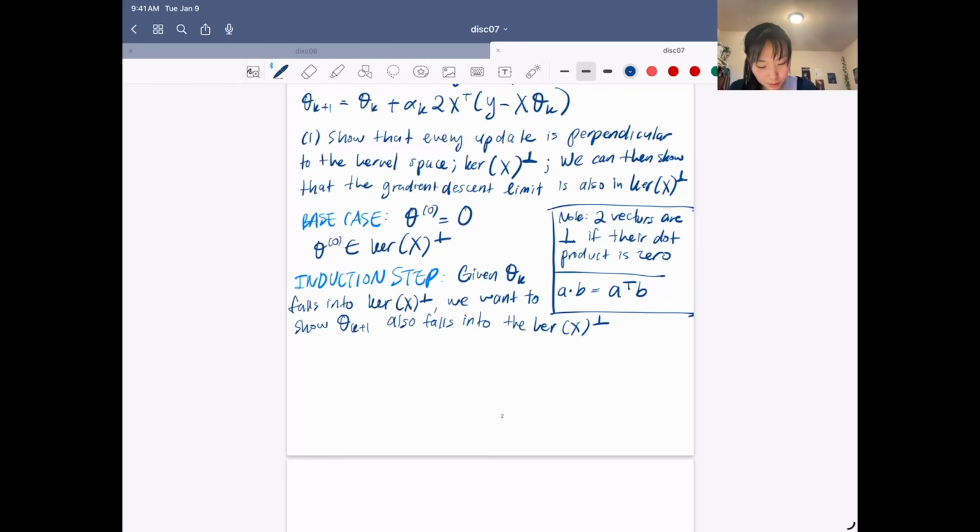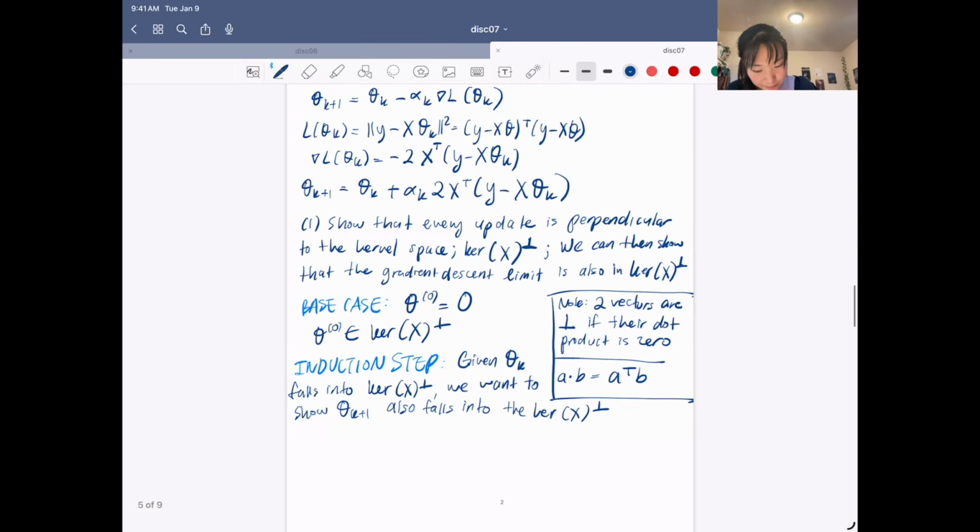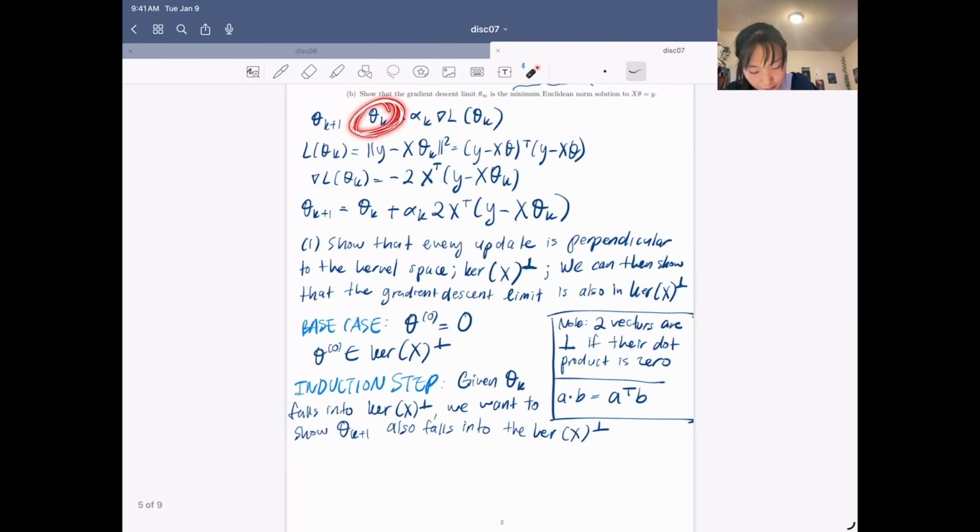Okay, so we assume that theta k is in the space perpendicular to the kernel space, and we want to show that theta k plus 1 is in the space perpendicular to the kernel space. So if we can show that this loss gradient part is also in the space perpendicular to the kernel space, then because of vector addition, if you add two vectors in the same subspace, the result is also in that subspace, for closed addition.